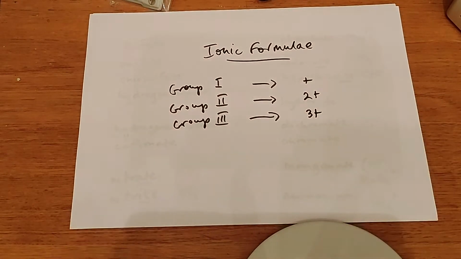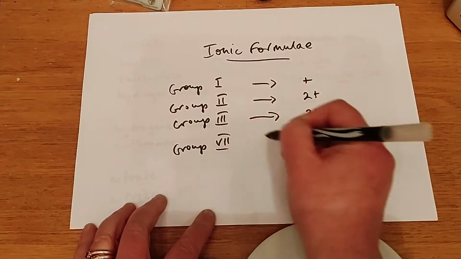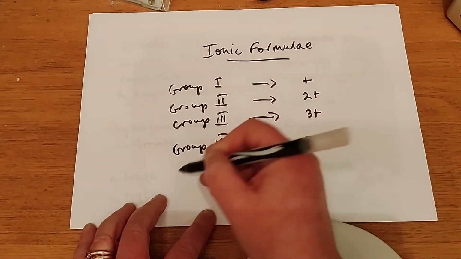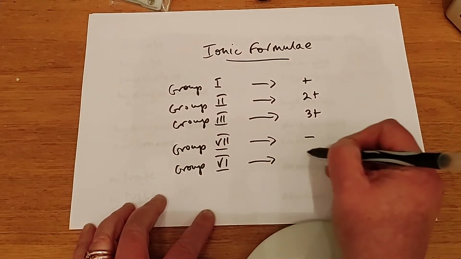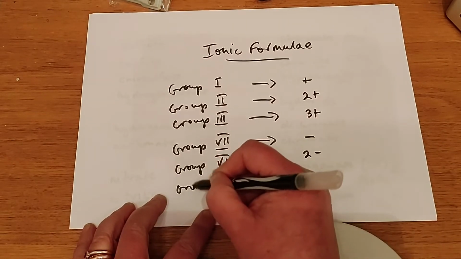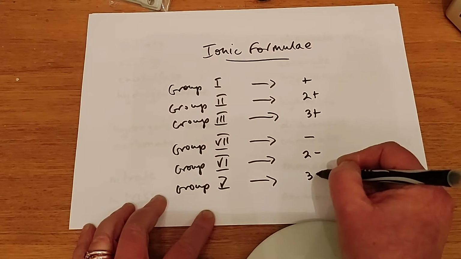For the transition metals, you'll see the charge, the oxidation state, in brackets, so you just translate that into a charge. For non-metals, group 7 is going to be minus, group 6 is 2 minus, and group 5 is 3 minus.